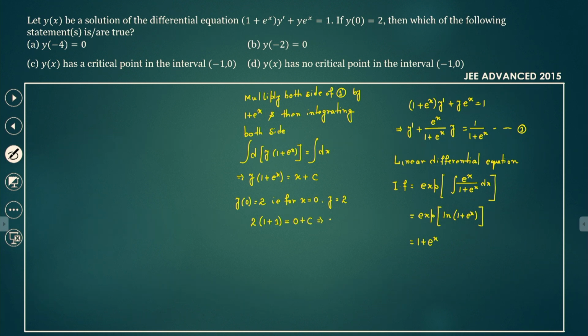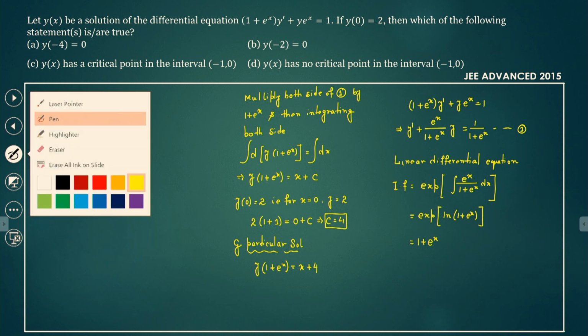That gives me c is equal to 4. Therefore the particular solution for this differential equation is y times (1 plus e to the power x) is equal to x plus 4, and that's it.